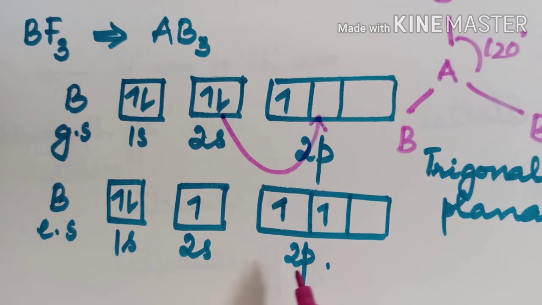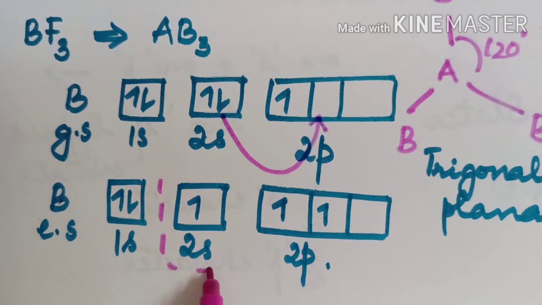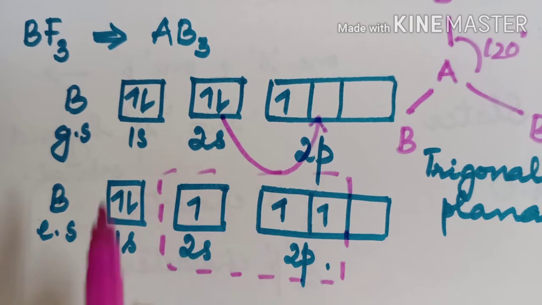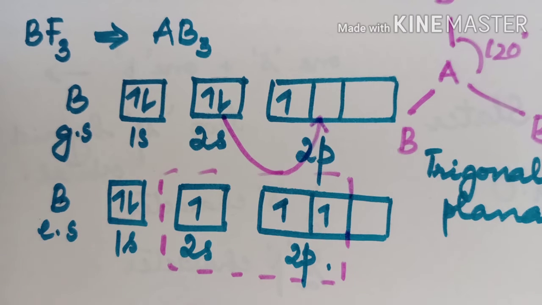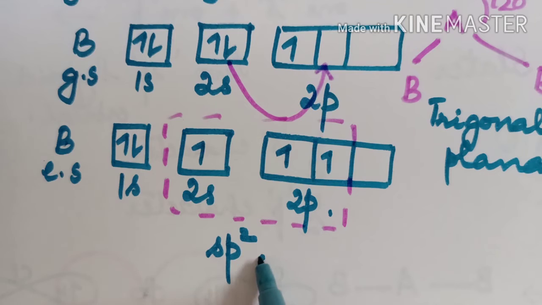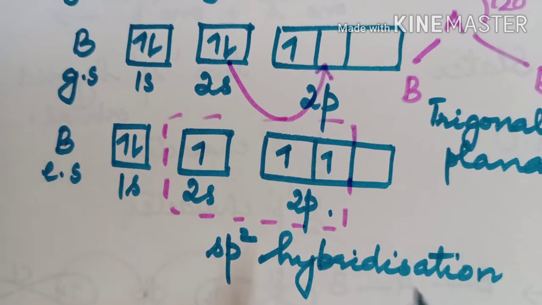Now on mixing the different orbitals, which are the orbitals that are to be mixed? One s orbital is mixed with two different p orbitals. So then the hybridization would be sp2. So sp2 hybridization will result in 3 sp2 hybrid orbitals.